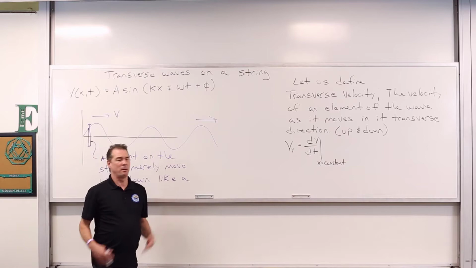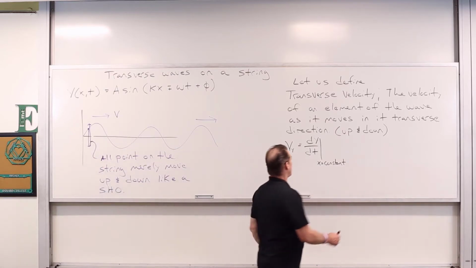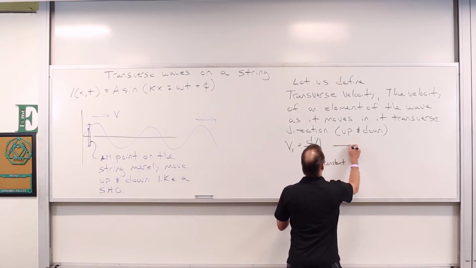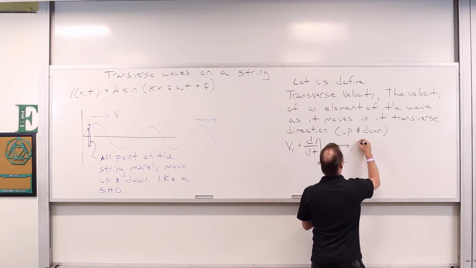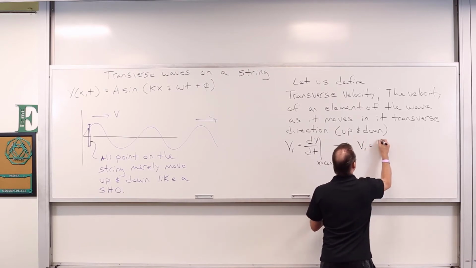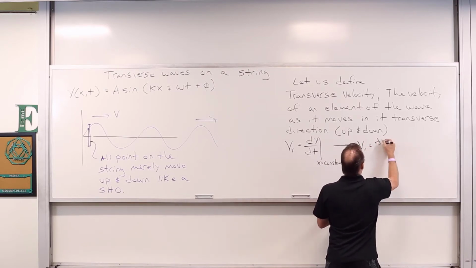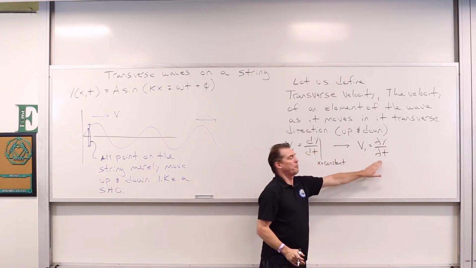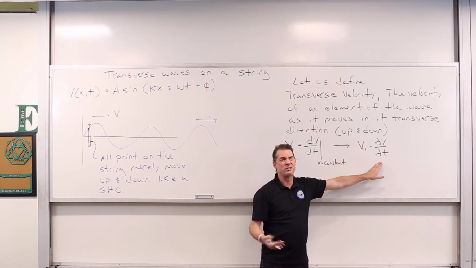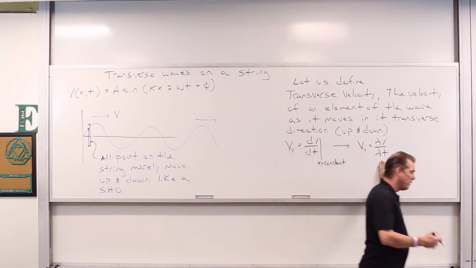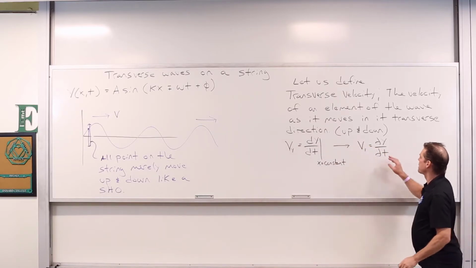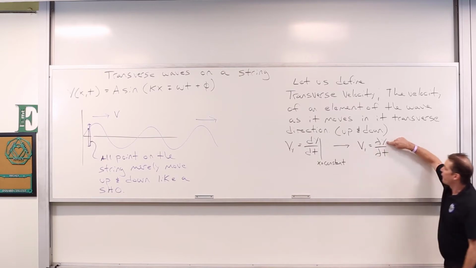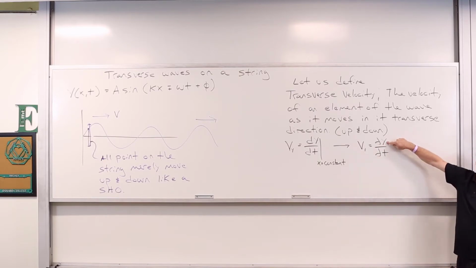We'd have to know the time too, but we have to pick a position, so x is going to be constant. This gives us the ability to write v sub y equal to the partial derivative of y with respect to t. I don't know if you've seen this before, but these are partial derivatives, and partial derivatives just take the derivative of some function with respect to only the explicit variable here.